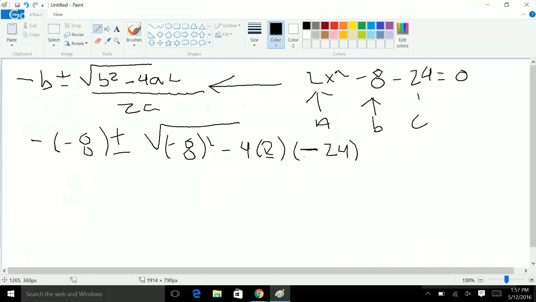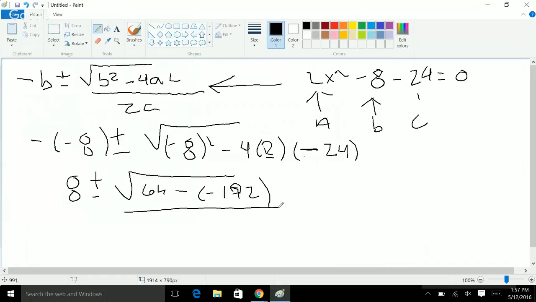Okay, so we're just going to add that together and multiply it. So then it equals 8 plus or minus the square root of 64 minus negative 192. Divided by 4.